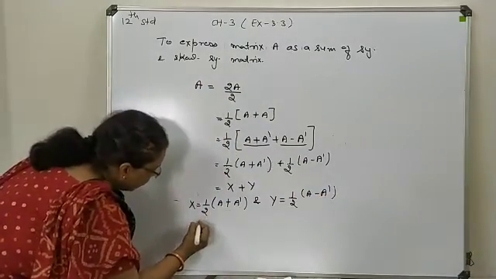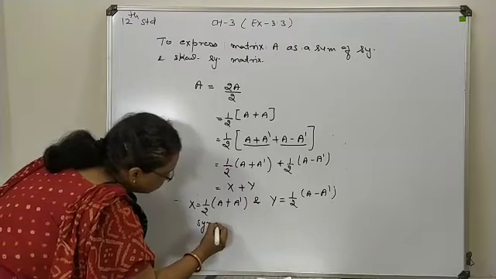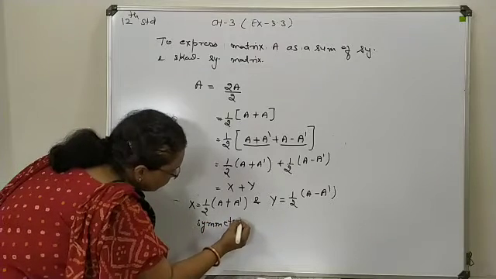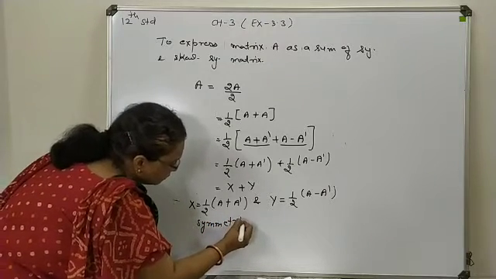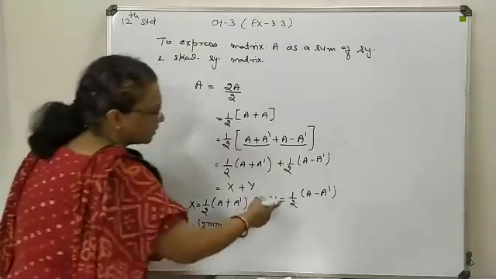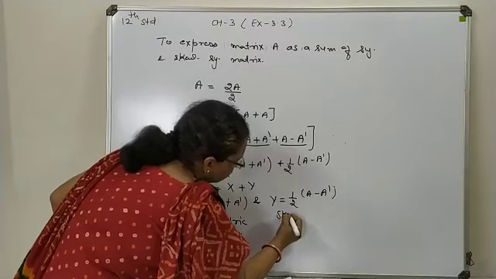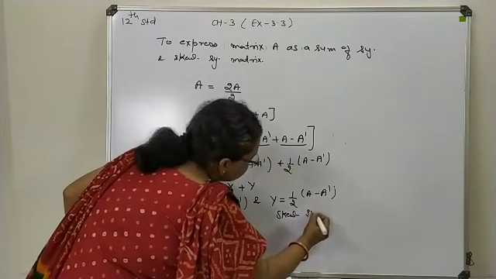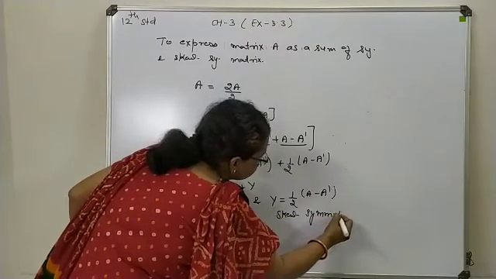X can be considered as a symmetric matrix, and Y can be considered as a skew symmetric matrix.